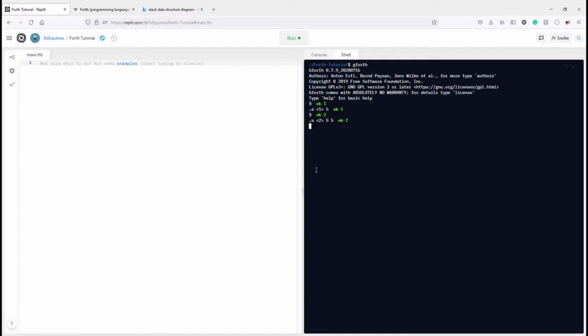And now if we wanted to remove one of the 5s from the stack, we could use just the dot by itself, and that pops 5 off the stack. You can see it prints it, and now we can see there's only 1 5 on the stack. And this is basic stuff here. You can separate your commands with spaces.